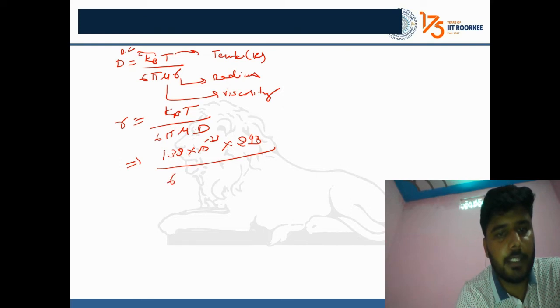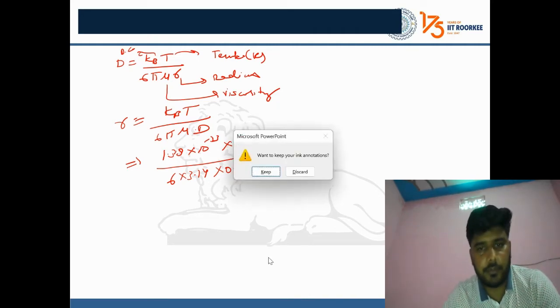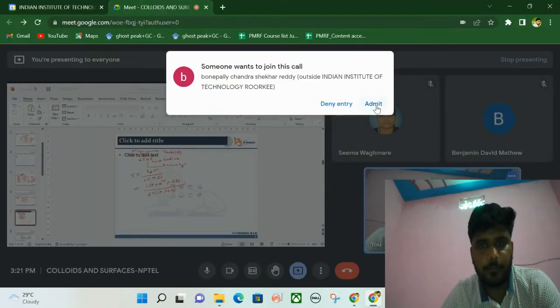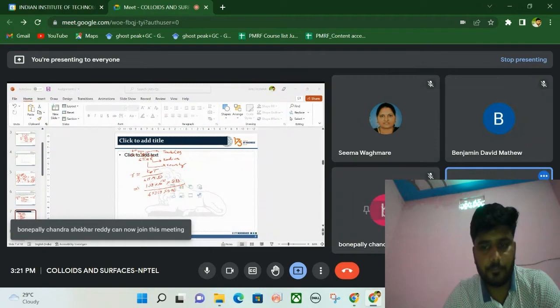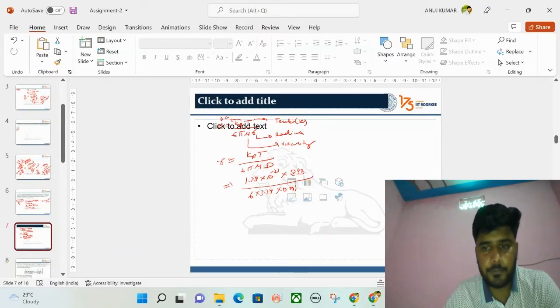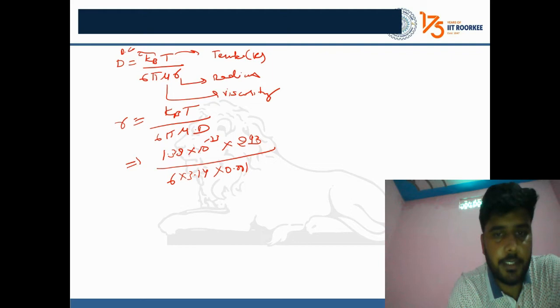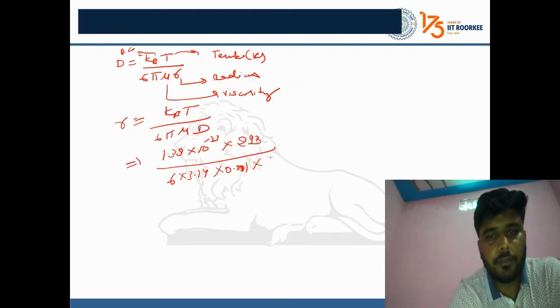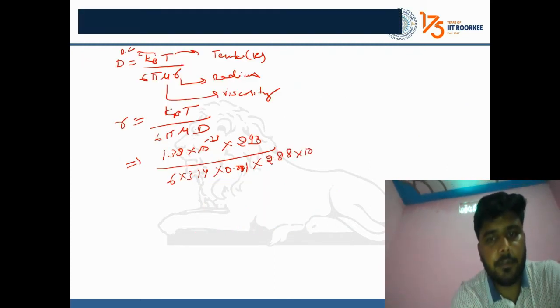Okay, and 6, 3.14, and 0.001. That is the value of viscosity given in your example, and the value of the diffusion coefficient is 2.88 × 10^-11.